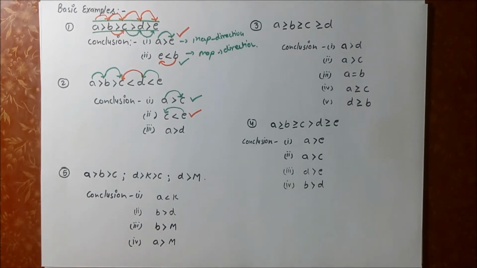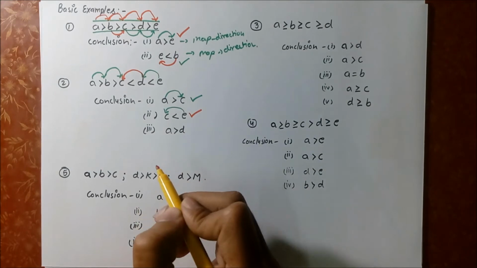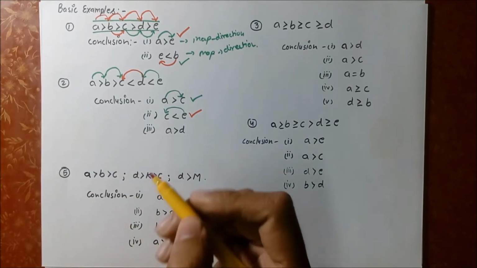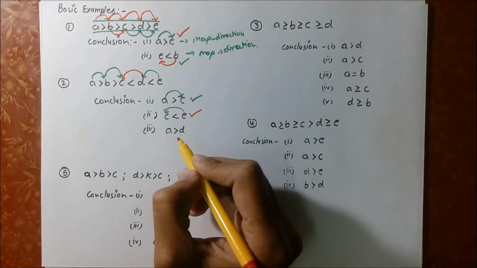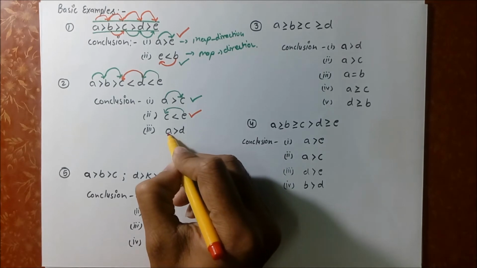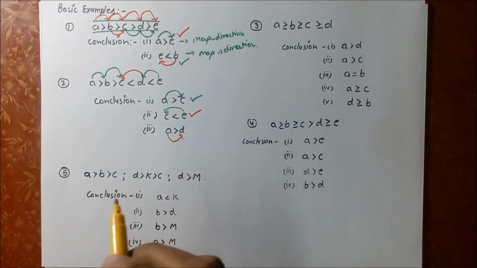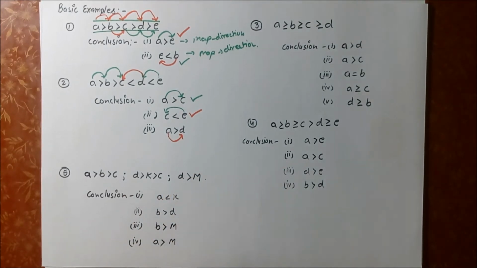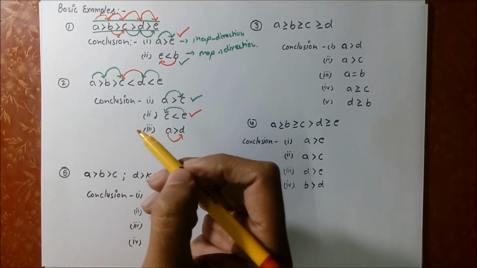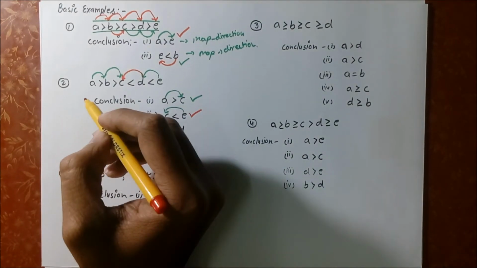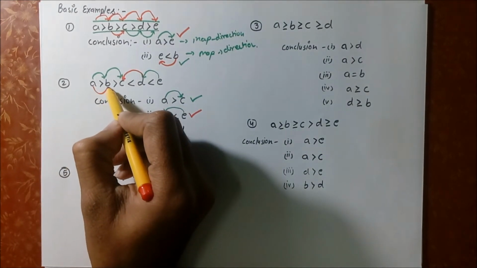Now I will check my third conclusion. It is saying that A is greater than D. So I have to go A to D according to the conclusion. Means my direction is given, I have to go A to D. So I will check in the statement, can I actually go A to B?